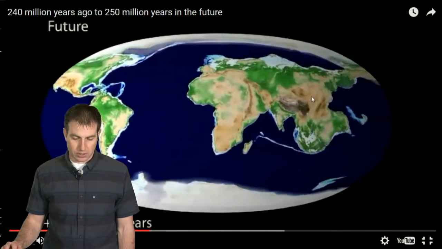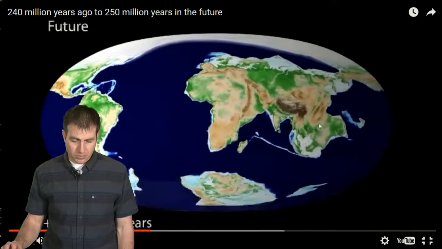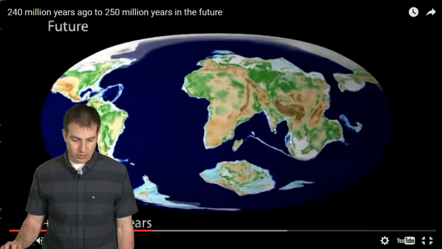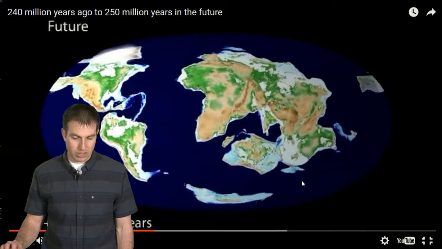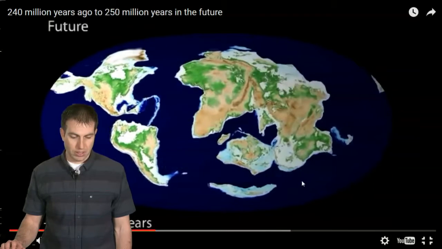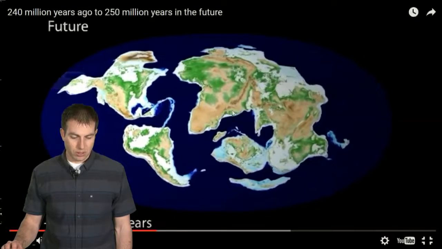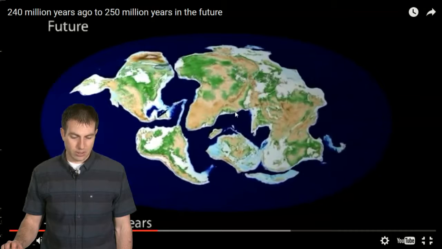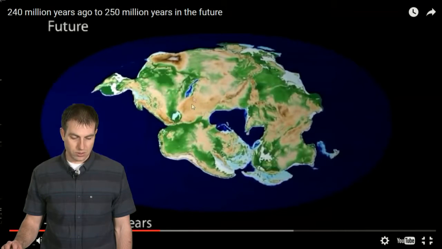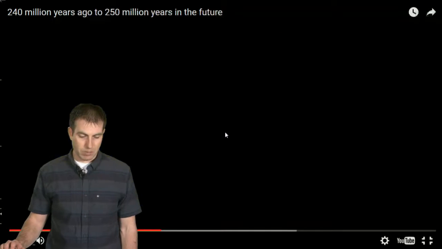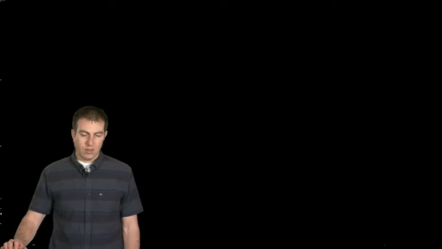Australia here runs into Eurasia, Antarctica starts to come up, and then things start to go wonky again because of this flat surface issue, but continents keep moving, and eventually you end up with these collisions and really crazy stuff happens. So there you go.